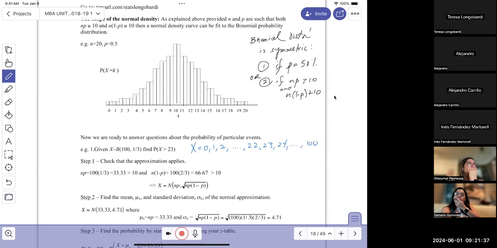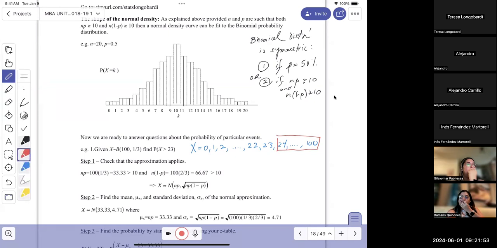X can be from 0 to 100 successes, but you're interested in greater than or equal to 23. So you would have to calculate for X equals 24, X equals 25, all the way to X equals 100 and sum them.